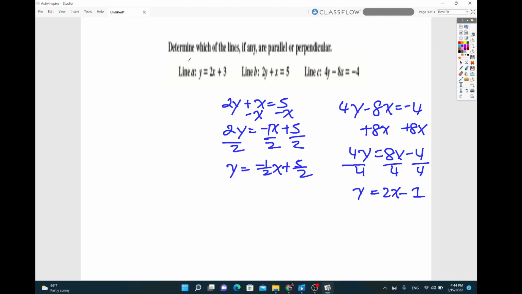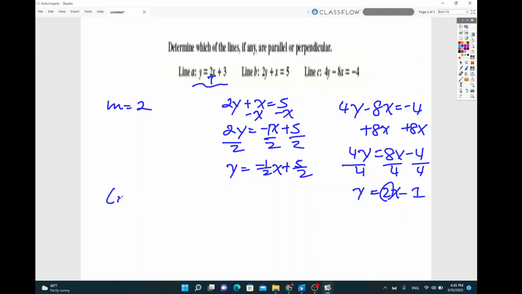Okay, so compare and contrast. The slope of the first line, line A, is 2. Line A and line C are considered parallel because they share the exact same slope. Line A and line B have to be perpendicular, because the slopes are negative reciprocals of each other. 2 over 1, the negative reciprocal of that number is negative 1 half.